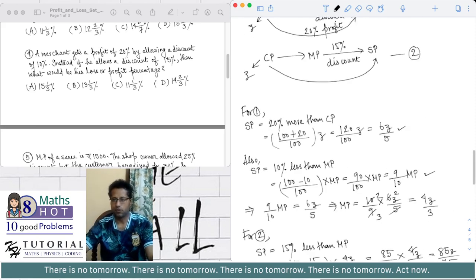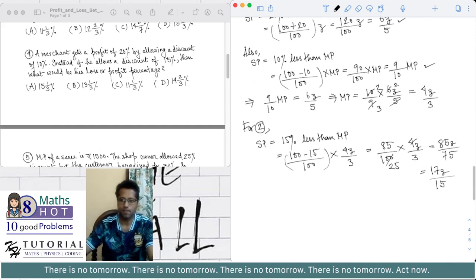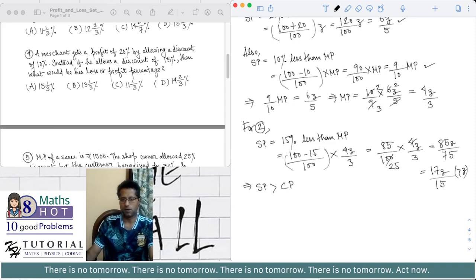So for the scenario 2, the selling price is 17 Z by 15, which is greater than Z, and Z is the cost price. So this implies SP is greater than CP, because CP is Z, which will not change. So this implies gain.